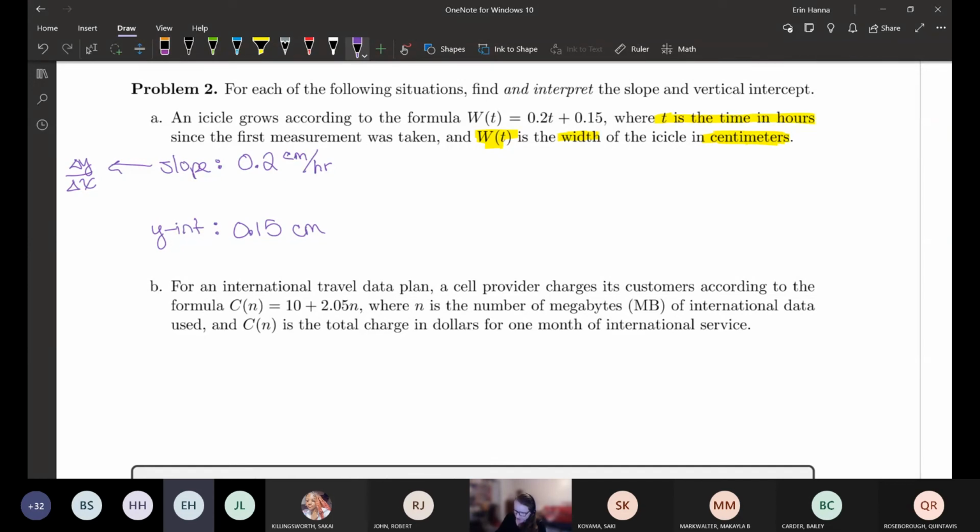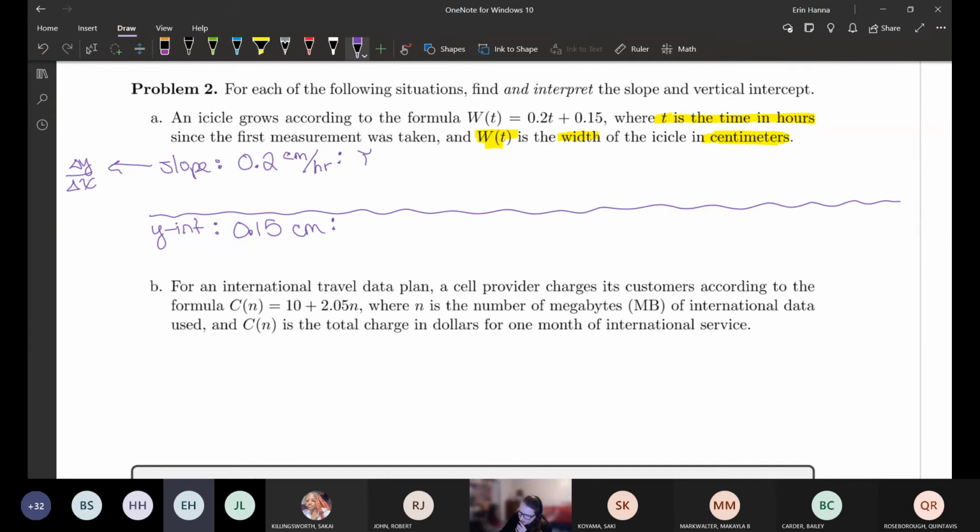So if we want to interpret this, we're going to come back to interpreting slopes a lot when we get to chapter 2. This is kind of like the introduction to it. What a slope is telling you is how the function is growing over time. Since this is about the width of an icicle, it's going to tell us how the icicle is growing.